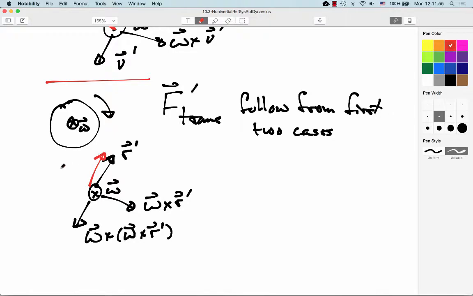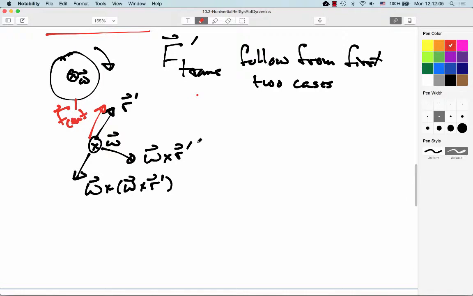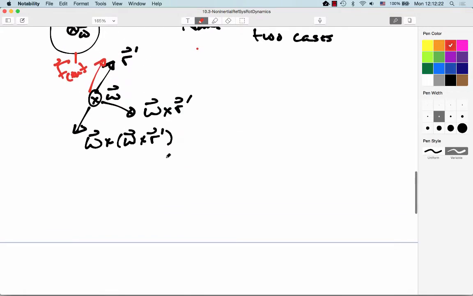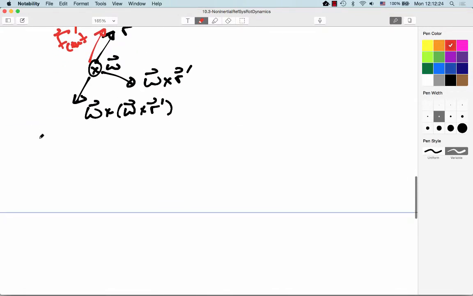And the centrifugal force still is trying to basically throw you out. And that doesn't matter if the velocity is radially in or out. The one that does matter is the Coriolis force. So let's look at the Coriolis force now.